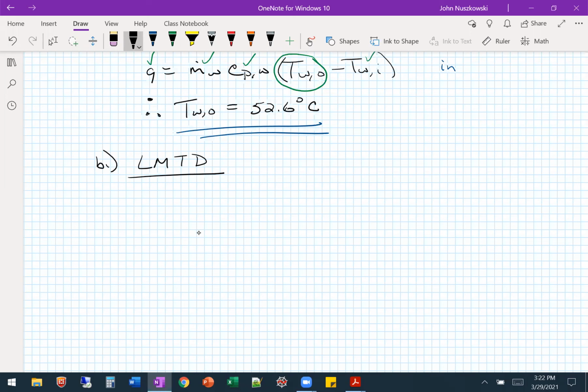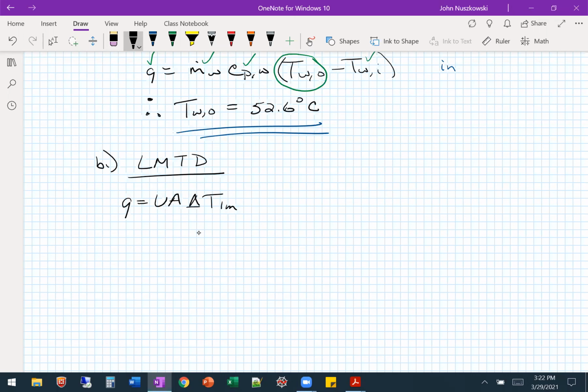We introduced it a little bit in chapter 8, and it comes back in again in chapter 11. It's just the overall convection coefficient, area, and this log mean temperature difference.